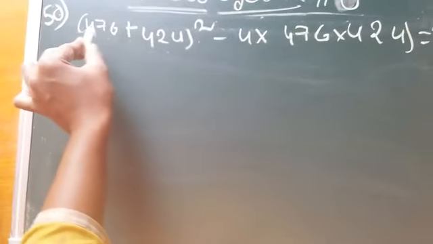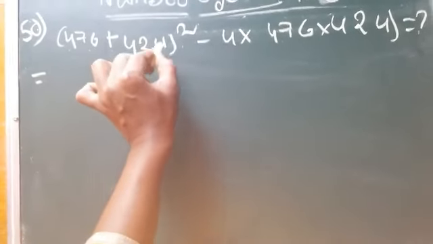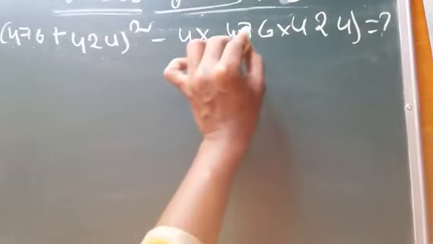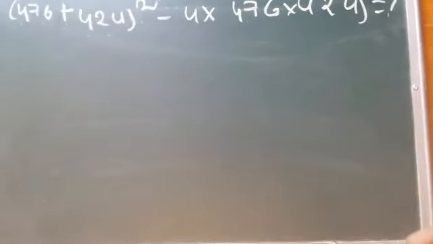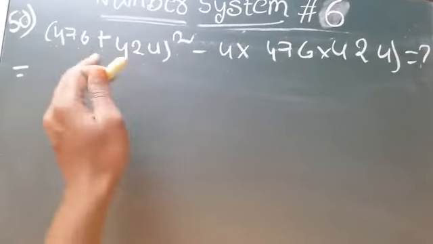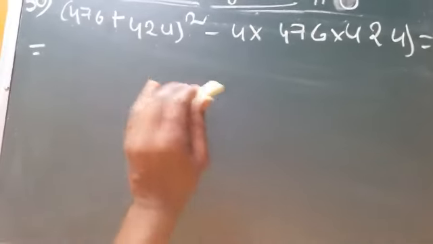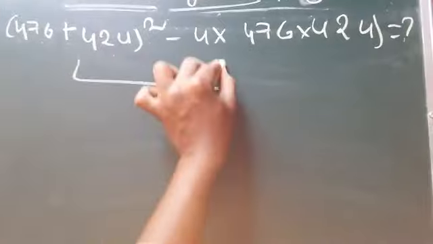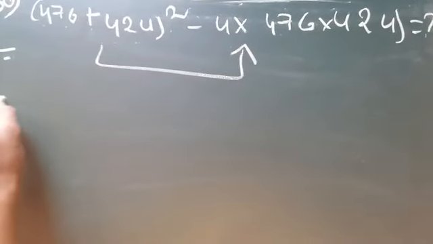See the next problem. 476 plus 424 whole square minus 4 into 476 into 424. Observe the question. This question is related to the previous problems which we have solved now, but it is a combination of two problems.